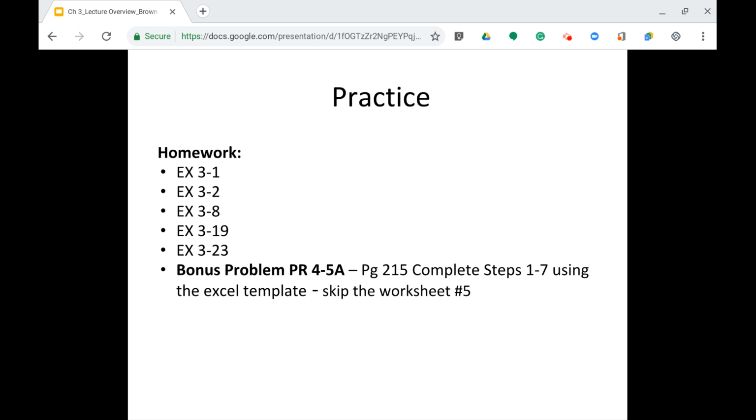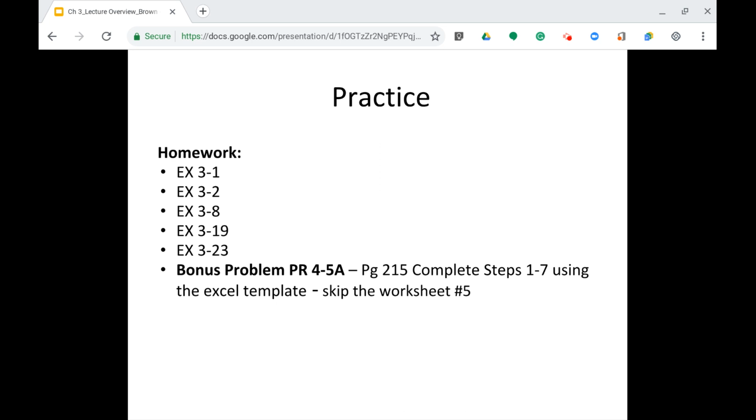Those are the ones you really need to spend some time with, because that tells you whether you understand how to adjust and why you need to adjust. Because the why will help you answer questions about this chapter.